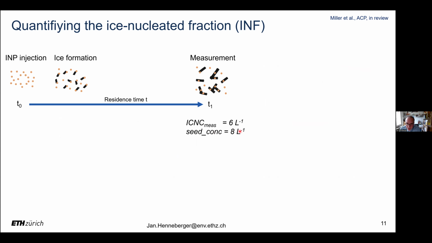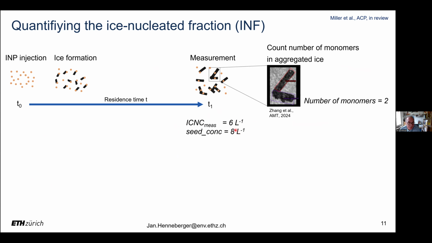And what we actually measure is here, and these are just made up numbers out of my schematic. We have here 6 ice crystals measured, and the seed concentration, which is just the aerosol concentration not in the ice crystal, of 8. And what we actually want to know is how many formed ice, and it was here 10.